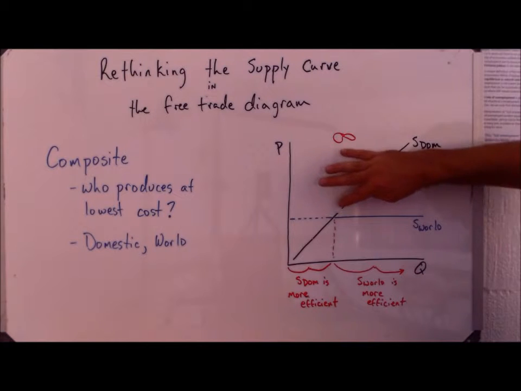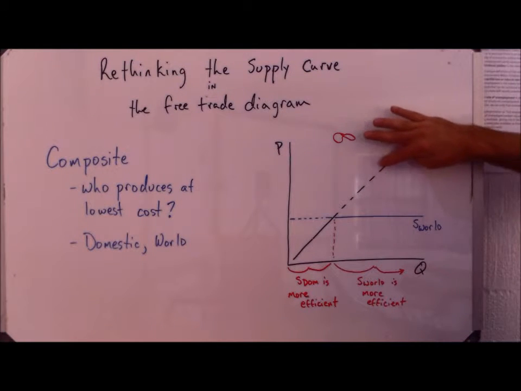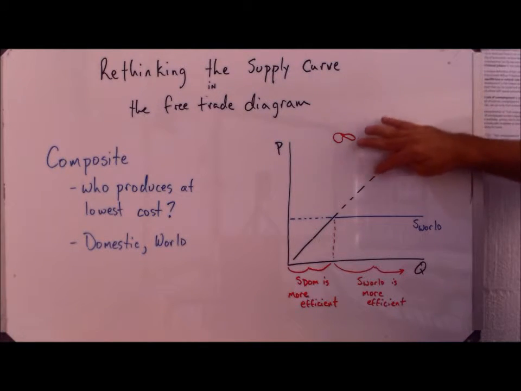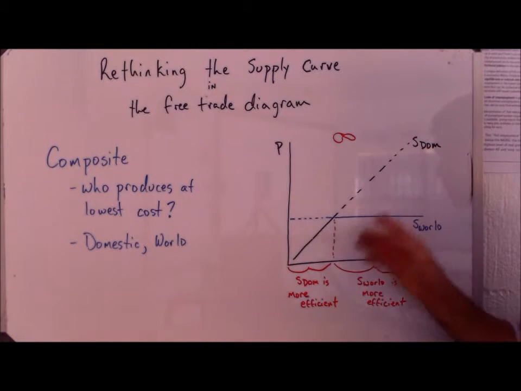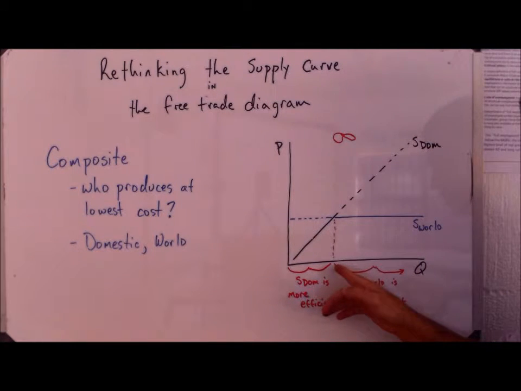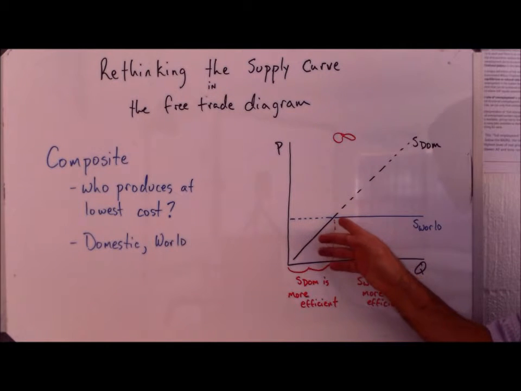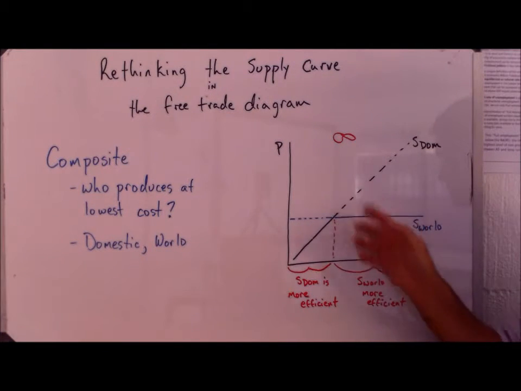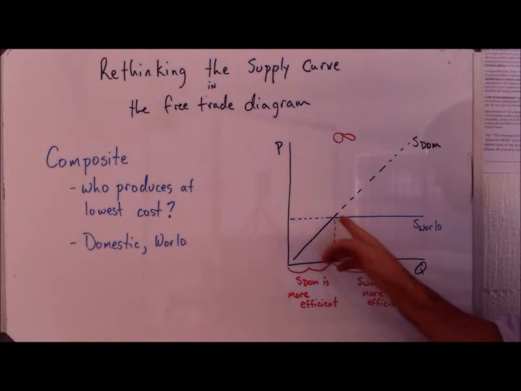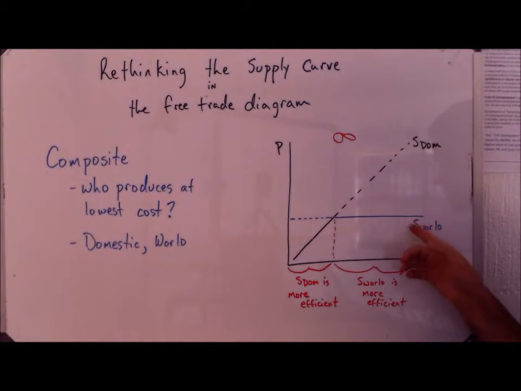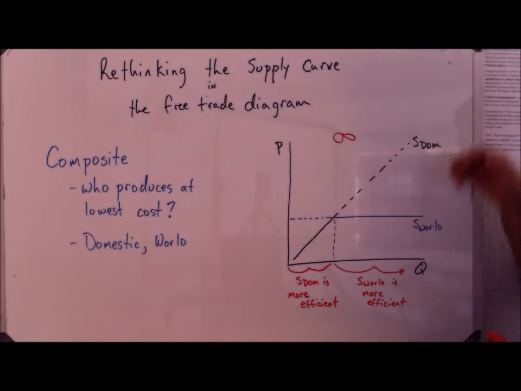Likewise, we can sort of get rid of all of this up here, because after this point right here, Q1 I suppose, it doesn't really matter what the domestic suppliers can do. After this point, the world suppliers can produce this product at a cheaper price and they can continue essentially to infinity.